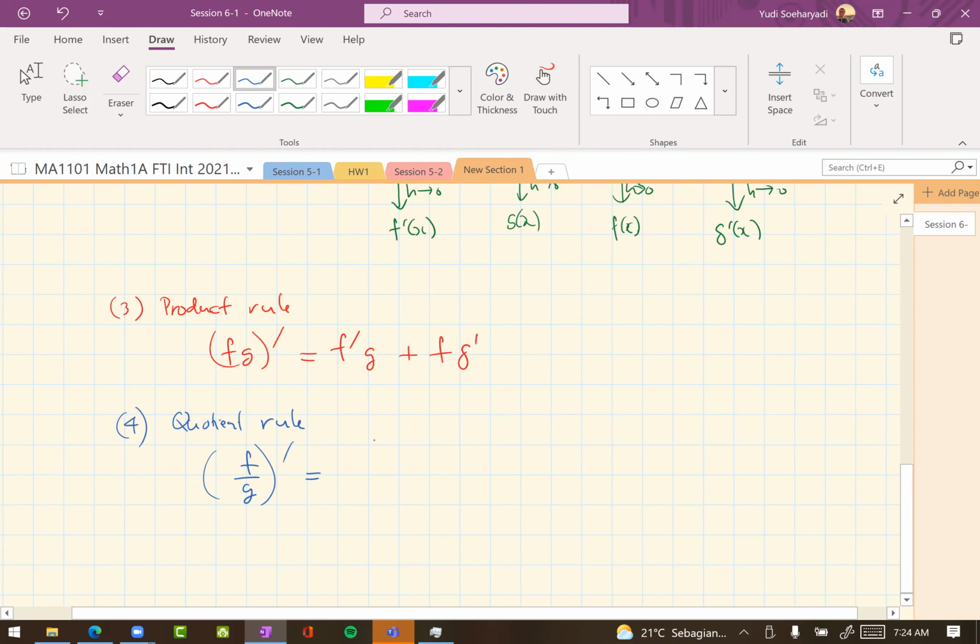What you have is this thing here. This one looks like the product rule, but instead of plus, you have minus, divided by g squared.